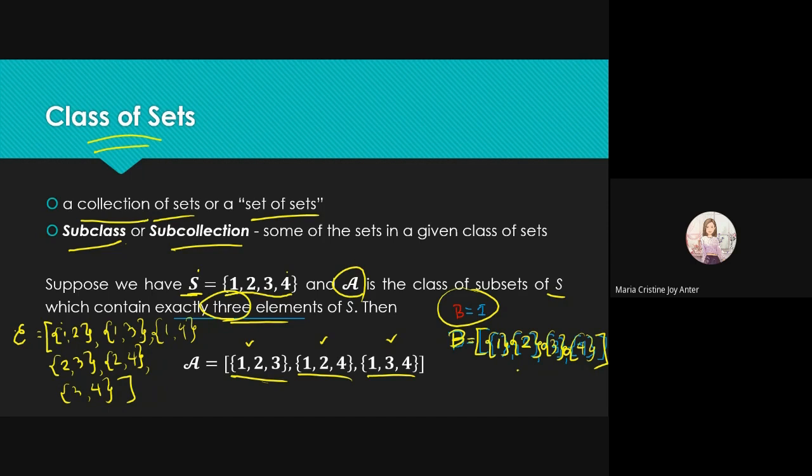So for example, if example lang jud no, naa kay set Z. Example lang na ha.